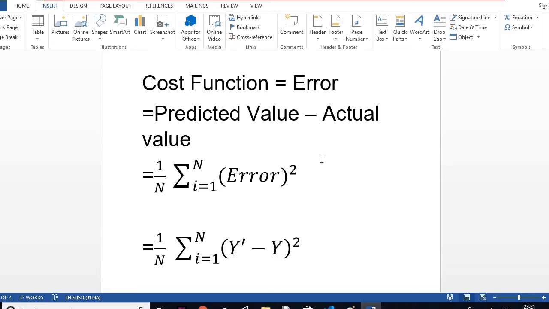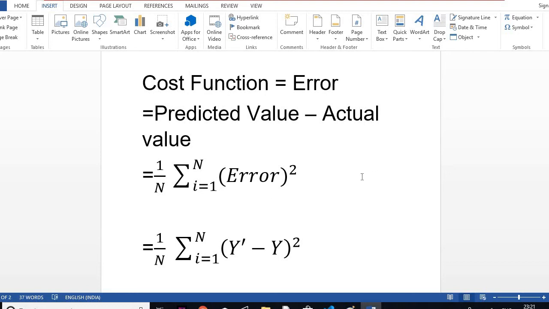So when you get positive and negative values in your data, one approach is mean square, another is RMS, root mean square. So you understood why we are squaring the error, because the predicted value minus actual value can be positive and negative. When you square it, all the results will be positive and you will get the exact result.